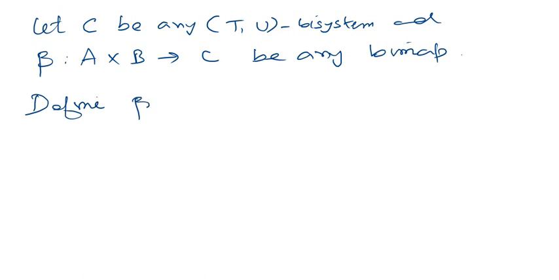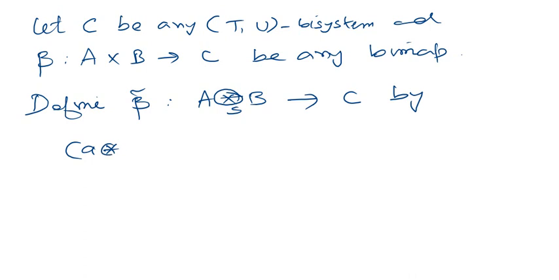Define beta tilde from A tensor B over S to C by A tensor B, these are elements of type A tensor B. Now the output of beta tilde should be in C.